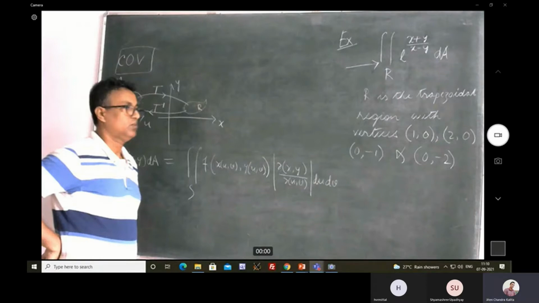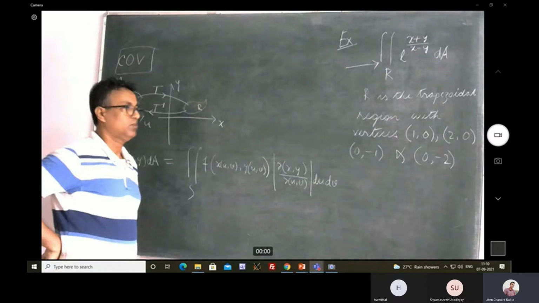This is my XY plane, and this is a trapezoidal region with vertices: this is (1, 0), this is (2, 0), this is (0, -1), this is (0, -2).